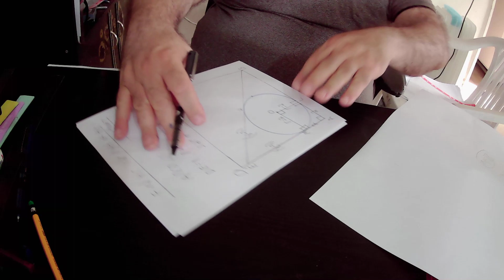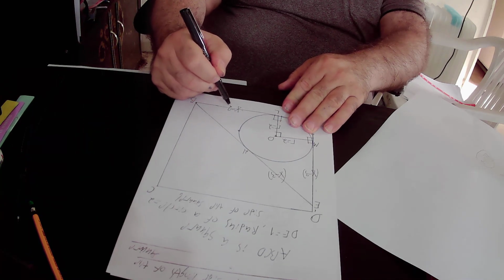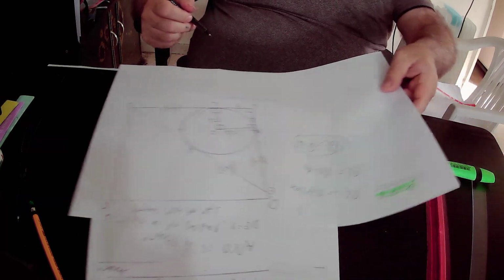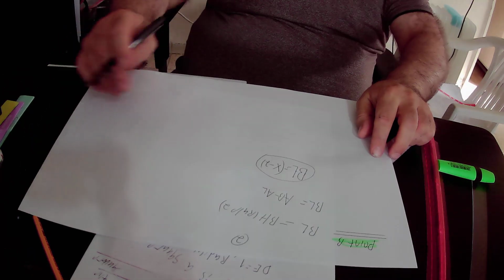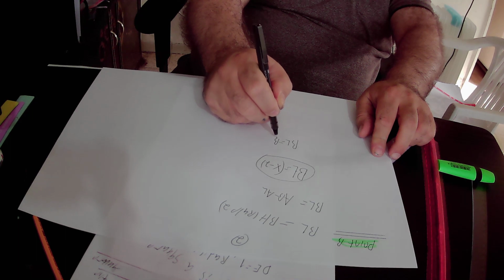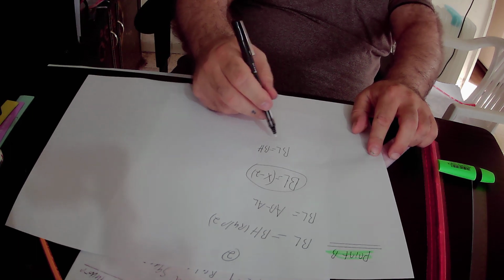Okay. And right here BL equals x minus 2. So we have this equation according to rule number 2: BL equals BH, and we just found out that BL equals x minus 2.